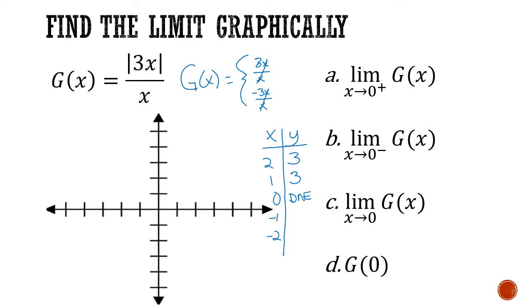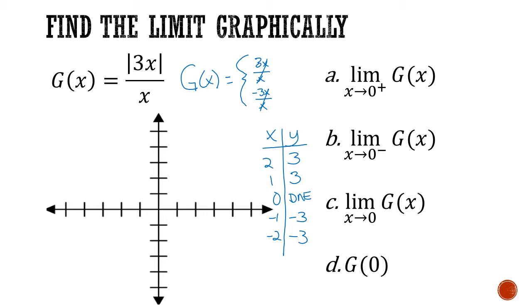Now plug in my negative 1. Absolute value of negative 3 is 3. 3 divided by negative 1 is negative 3. And then absolute value of negative 6 is 6. 6 divided by negative 2 is negative 3. And this is going to continue no matter what values I choose for x. So you can see where the domain is changing.